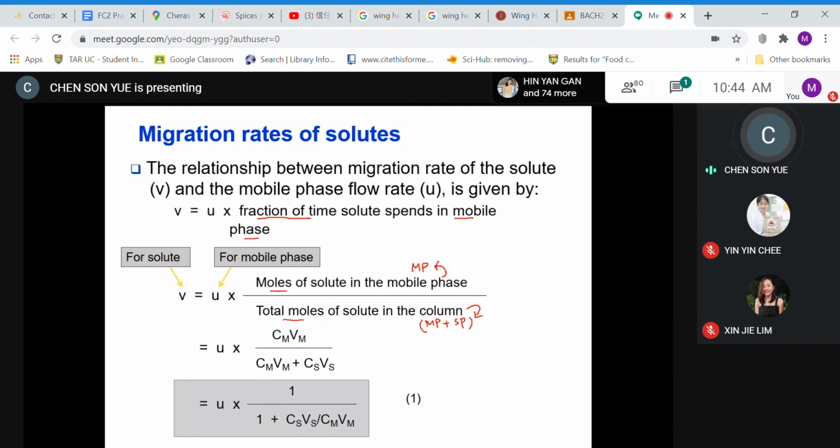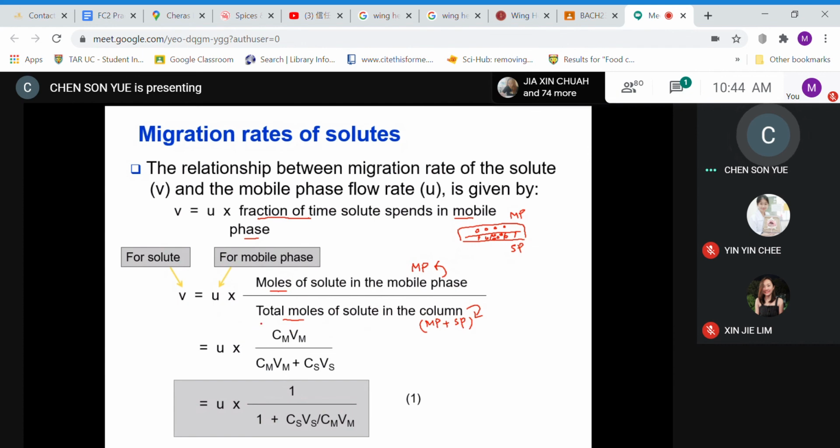Remember in the separation, you have a column. You have sample in the mobile phase, you have sample in the stationary phase. So V over U is the amount of the sample in the mobile phase over the amount of sample in the mobile phase plus the stationary phase.